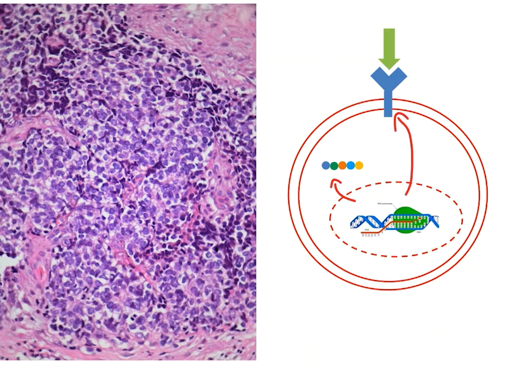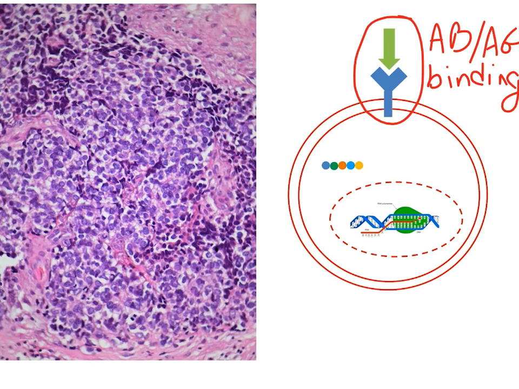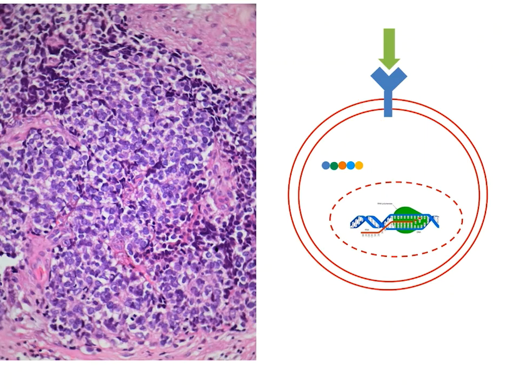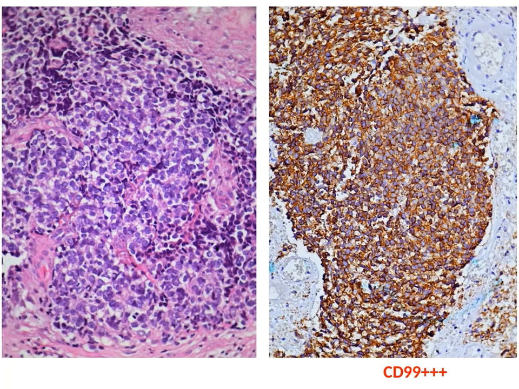To identify these proteins, we use specific antibodies, and when they bind the corresponding antigen, they stain the tumor cells. This immunoreaction is the base of immunohistochemistry. In our case, the tumor cells showed an intense membrane staining with CD99, which is characteristic of Ewing sarcoma.